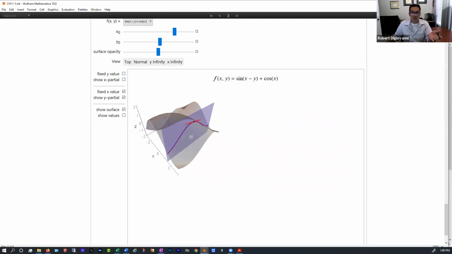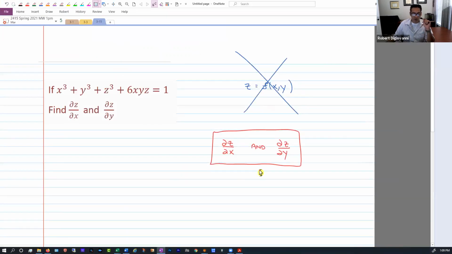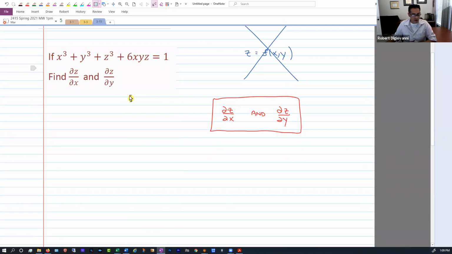One of those is the partial with respect to X. The other one is the partial with respect to Y. So we want to do the same thing: find the slope of those tangent lines, but when the surface is not given to us explicitly as a function of X and Y. All right, so here we go.